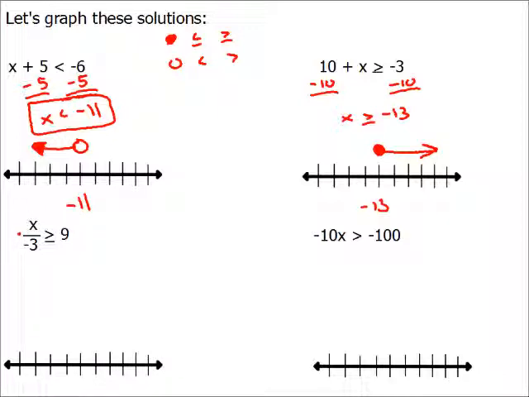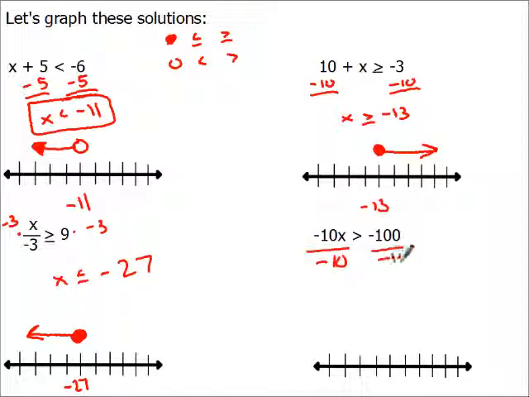Down here I'm going to multiply by negative 3. So we get x, and this is going to be negative 27. Remember, since I multiplied by a negative, my sign flips. So we'll have negative 27 down here. I'll have a closed circle, and my arrow is going to go to the left because I want all numbers that are smaller than negative 27.